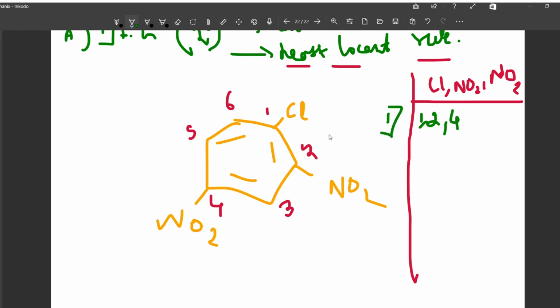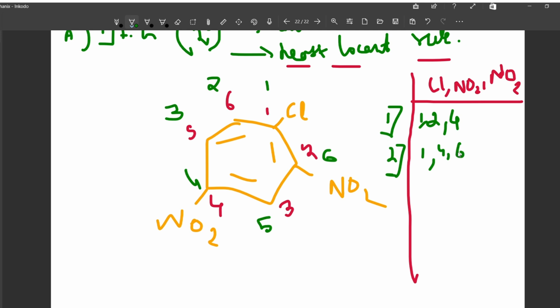Now you'd say, why not go the opposite direction? So yeah, let us account for that case too. 1, 2, 3, 4, 5, and 6. So our case number 2 will be 1, 4, and 6.